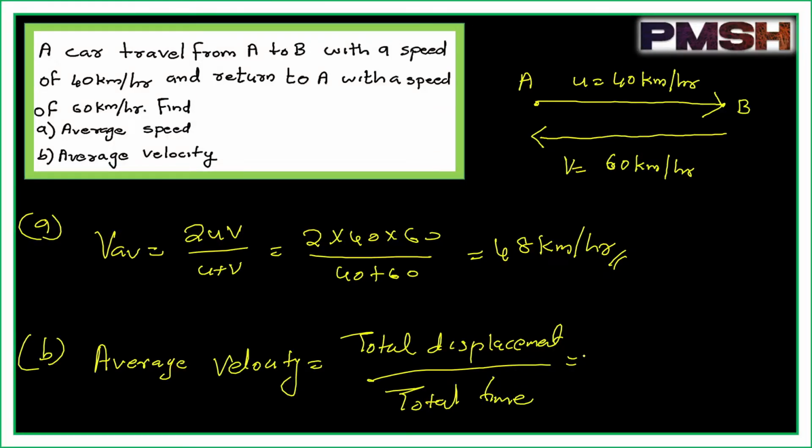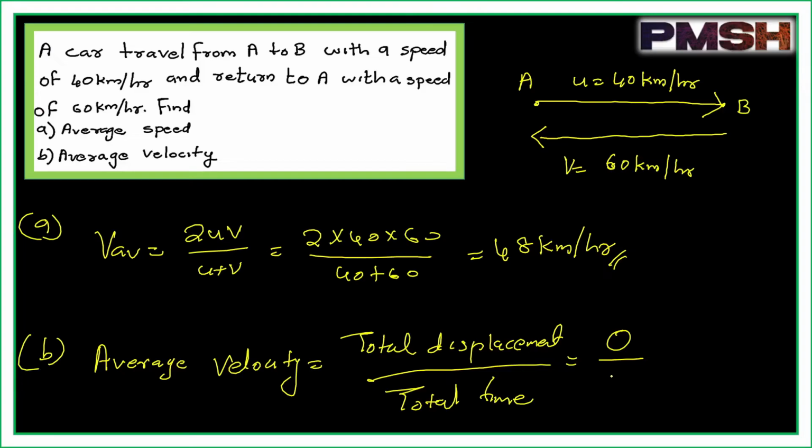Here the initial position is A. It is the point where the body started the journey, right? And the final position is A itself because it has returned to A. So the displacement will be 0 because the initial and final positions are the same.